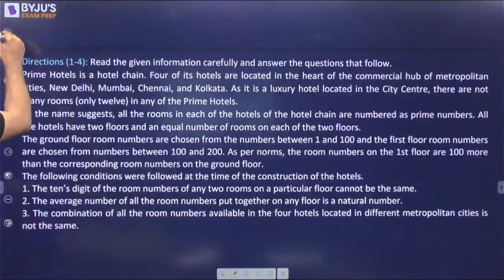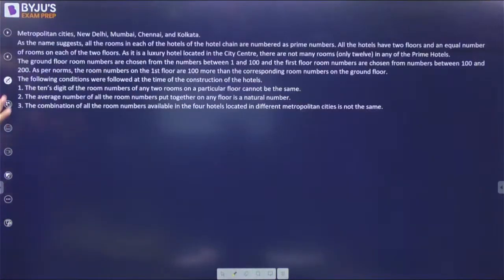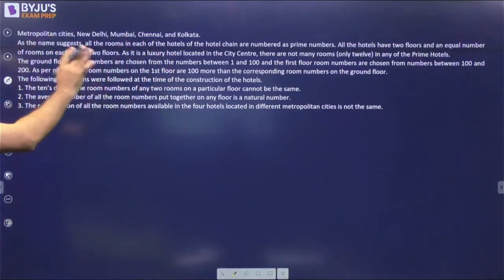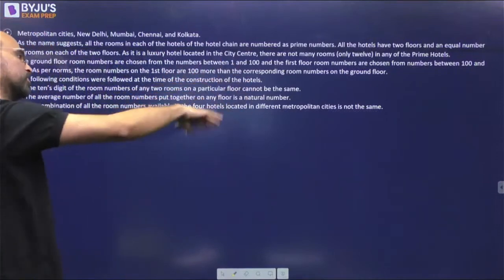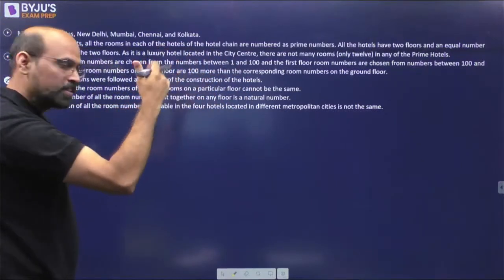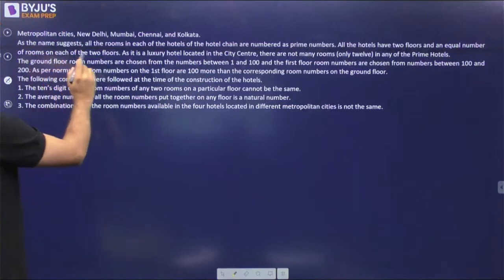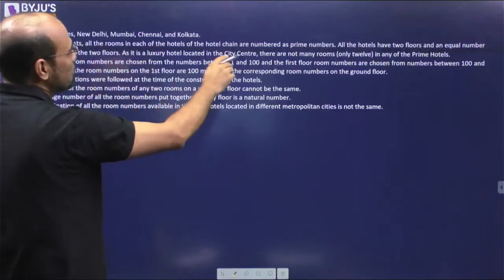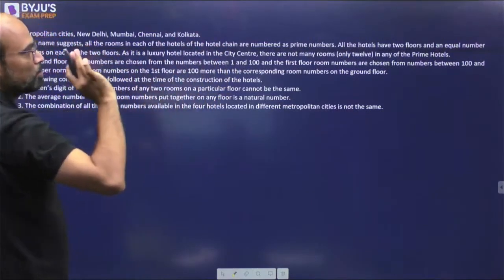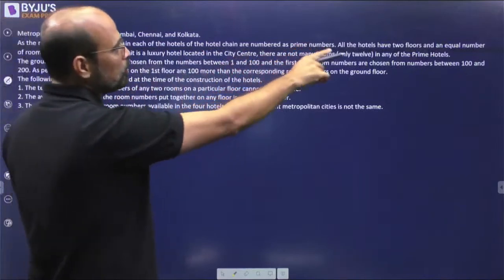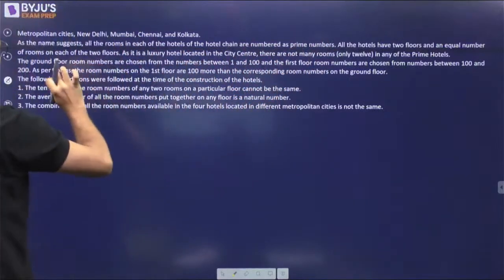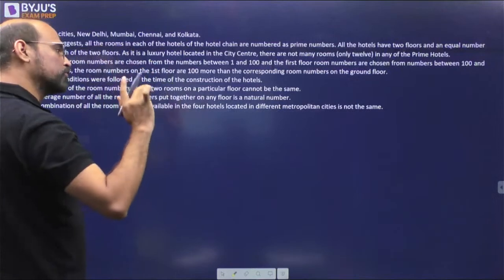So, all the information is over here. I will start with the beginning part. It says there are 4 cities, right? And nowhere further the cities are mentioned. Nothing of that is given. Then it says, as the name suggests, all the rooms in the hotels of the chain are numbered as prime numbers, and all the hotels have 2 floors and an equal number of rooms on each of the 2 floors, right?